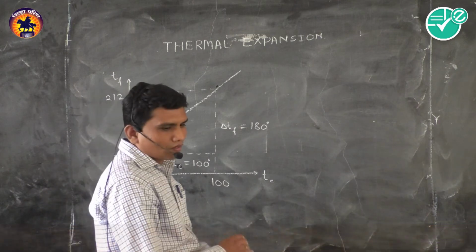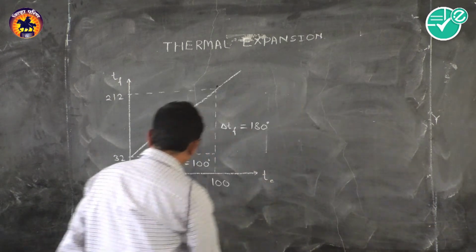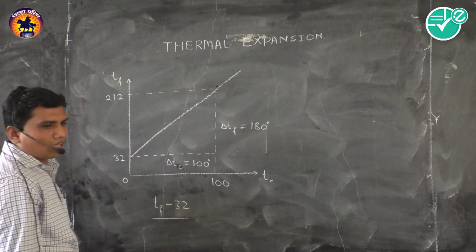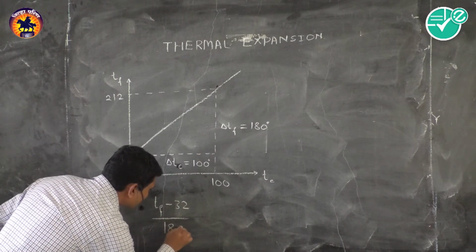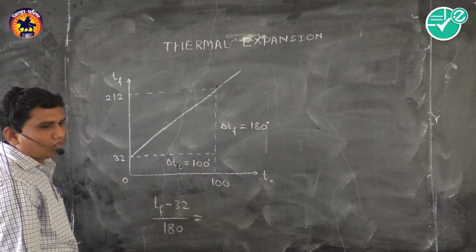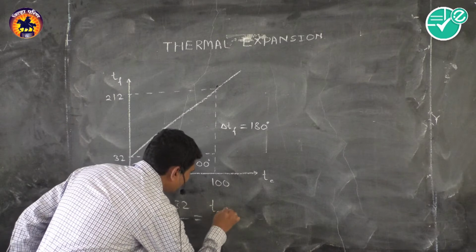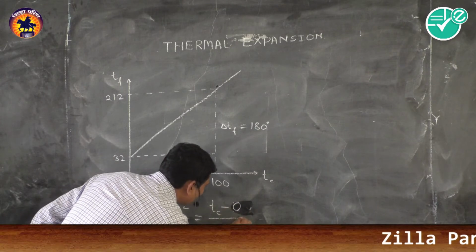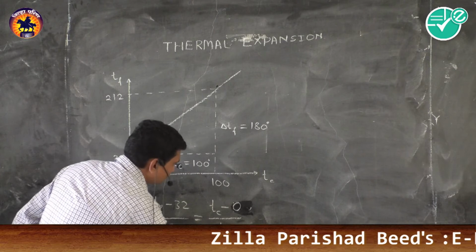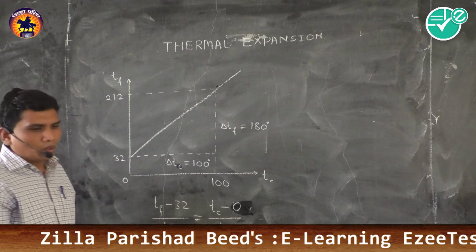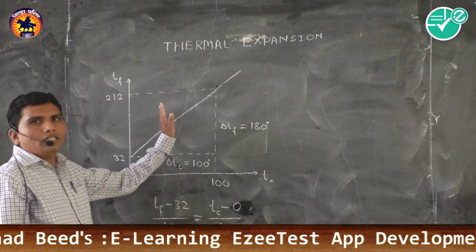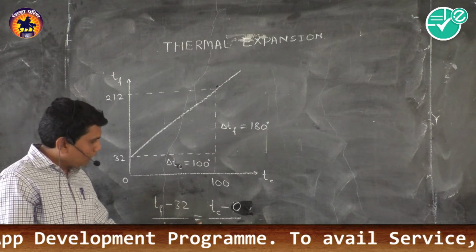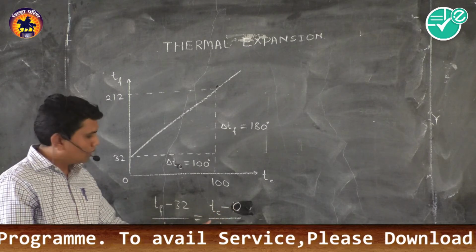The equation of this straight line is given as (Tf minus 32) upon 180 equal to (Tc minus 0) upon 100.